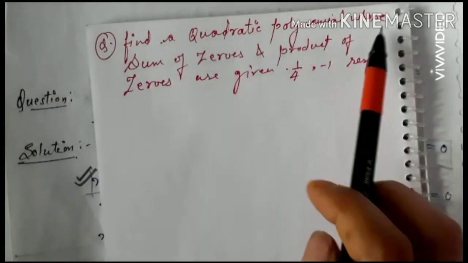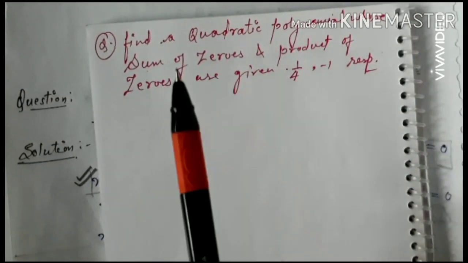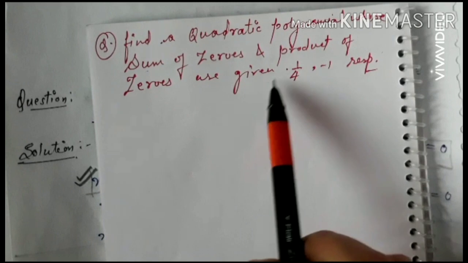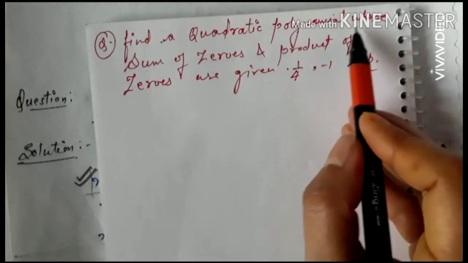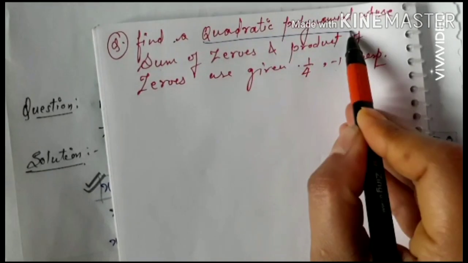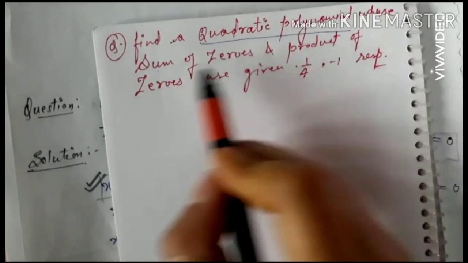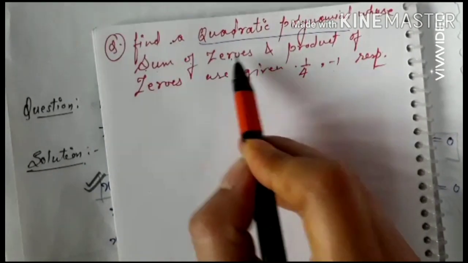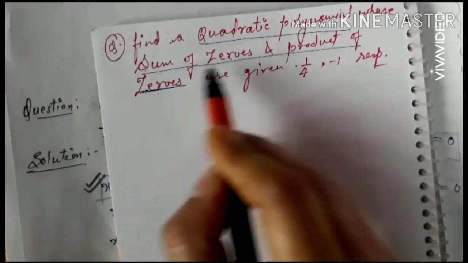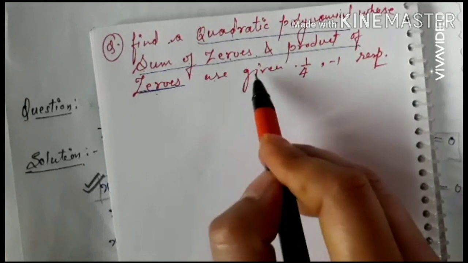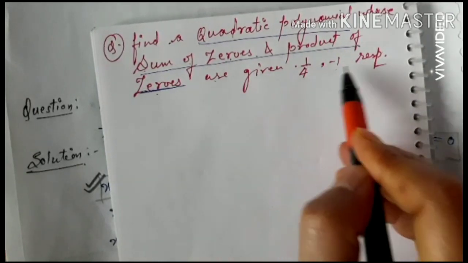Find a quadratic polynomial whose sum of zeros and product of zeros are given as 1 by 4 and minus 1 respectively. Here you have to find the quadratic polynomial whose sum of zeros and product of zeros are the main thing.